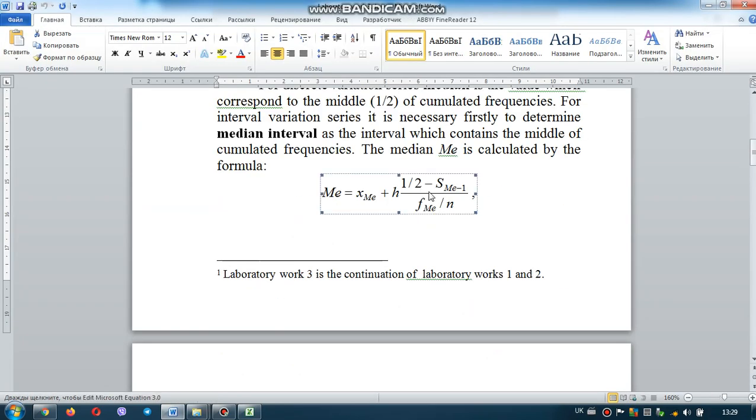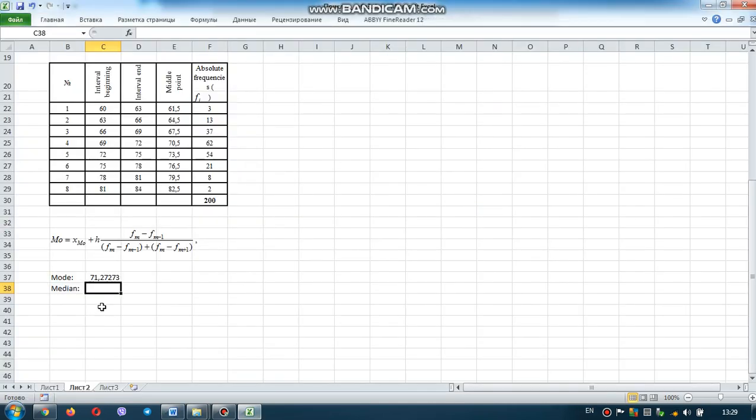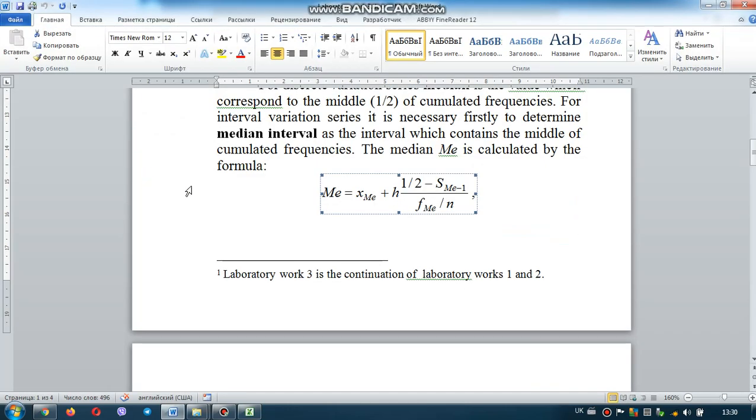We can just copy this formula for our convenience. What is S?